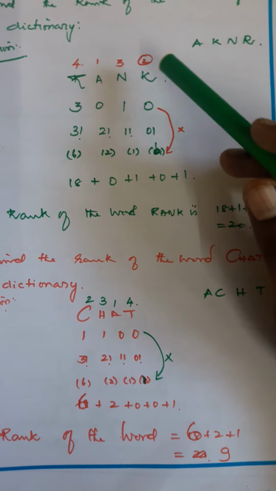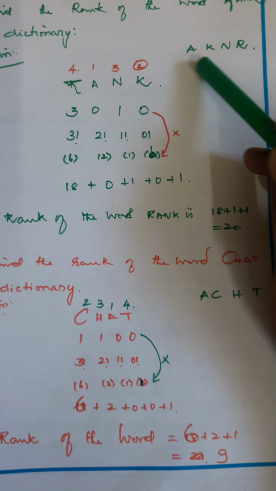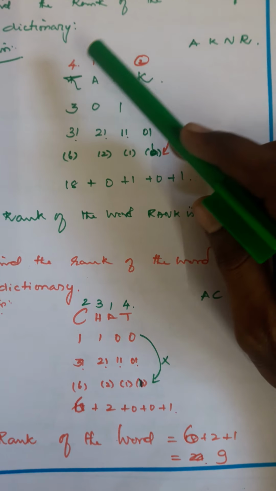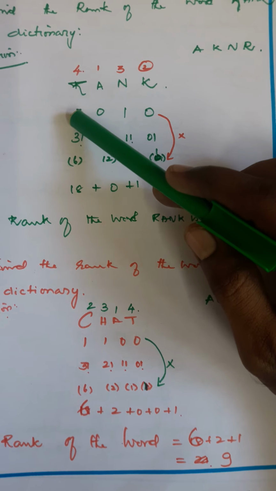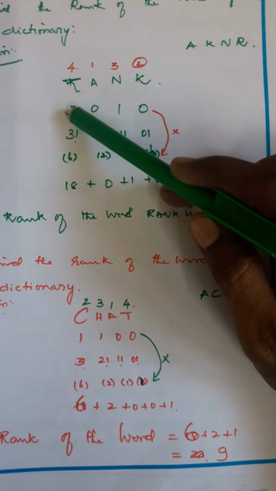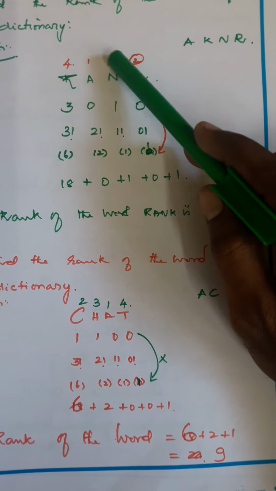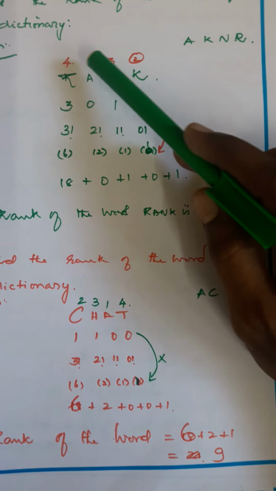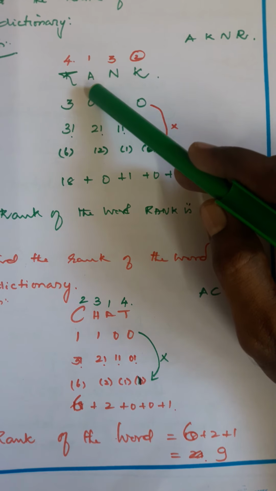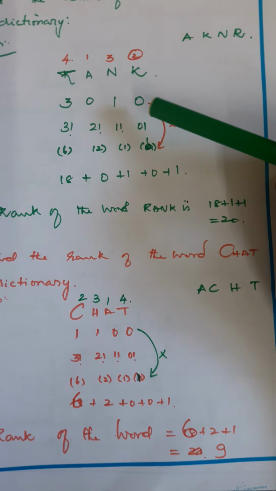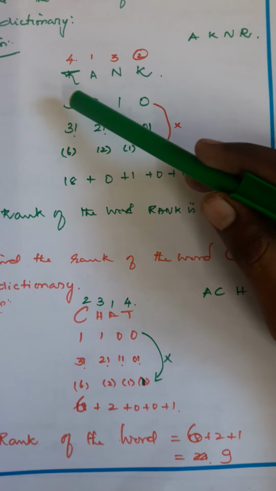First write the letters in alphabetical order, place the numbers on top of the letters, and find the number of letters with lesser value. Here 4 means 1, 2, 3 are less, so 3. Here 1, after that no lesser number, so 0. Here 3, after that 1. Then find the products.